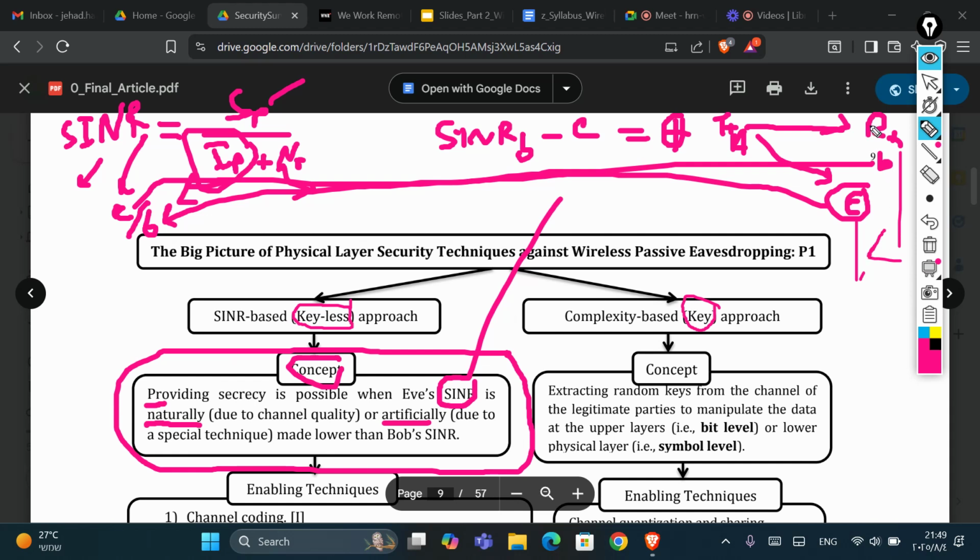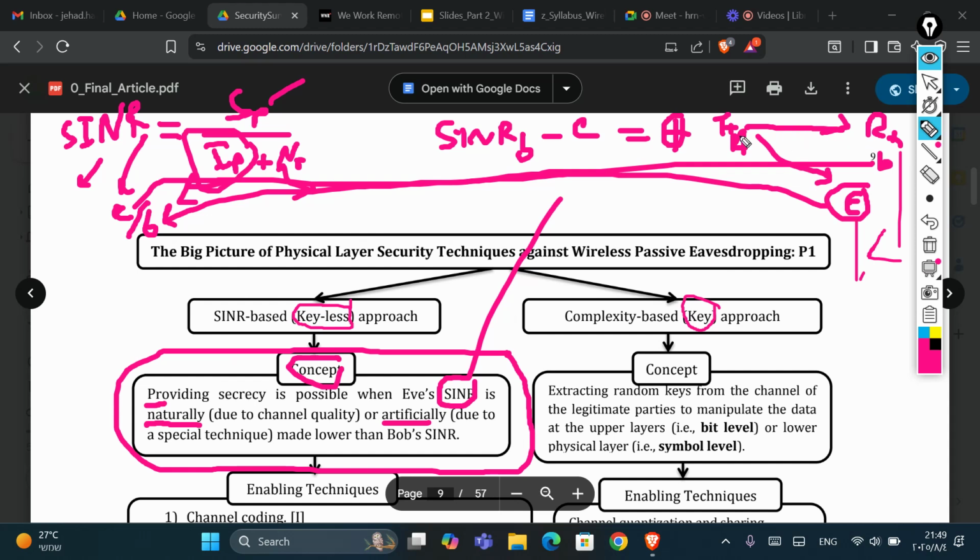If the receiver Bob is closer to the base station, Alice, the signal to interference noise ratio is greater than Eve's, because Eve is farther.